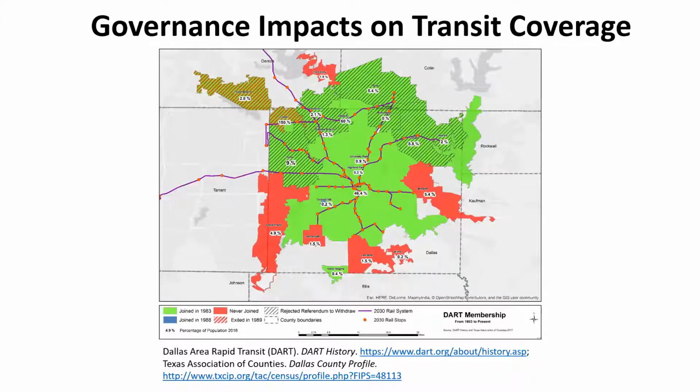And then the checkered areas are areas that joined but later voted on whether to leave the agency. And you can see that all of the purple lines with the red dots, those are all stations. All the purple lines that are served by the agency are the areas that joined the agency back in 1983. So the boundaries of transit agencies can have a high impact on which areas are actually served.